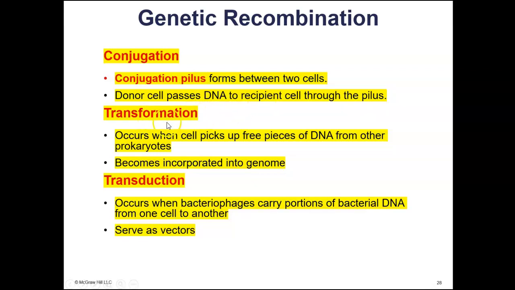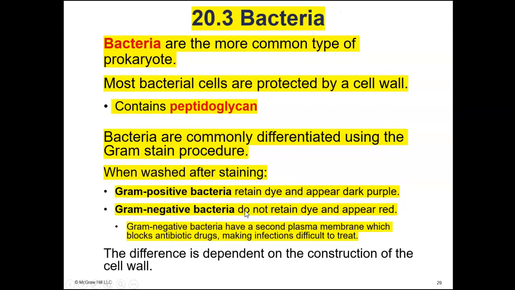There's also transformation, a process where the bacterial cell can pick up DNA from its environment, often from dead bacteria. Then there's transduction, where bacteriophages, which are viruses that only infect bacteria, can carry DNA from one bacterium to another. The bacteriophage virus serves as a vector.